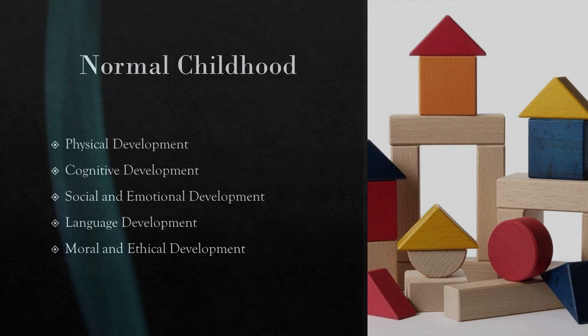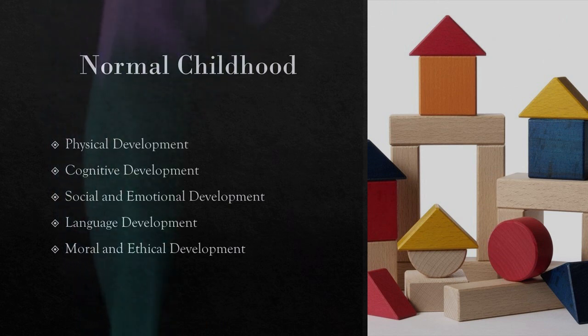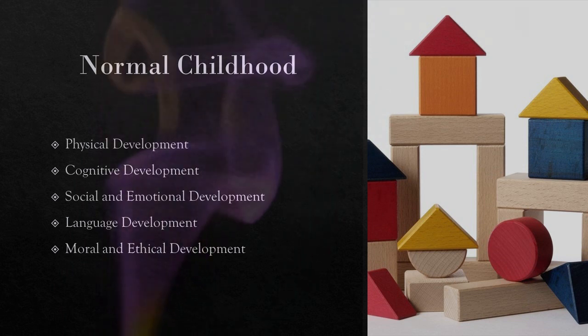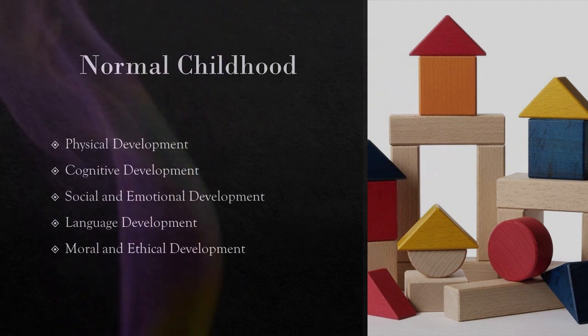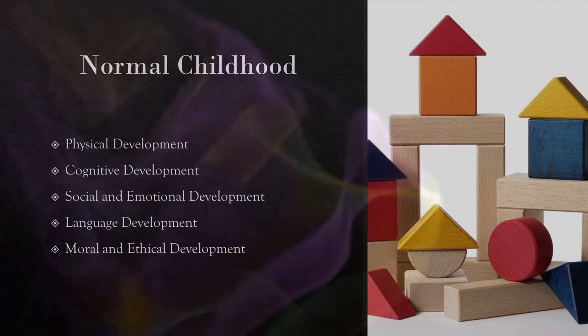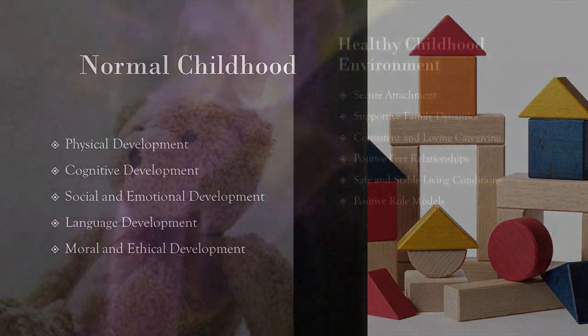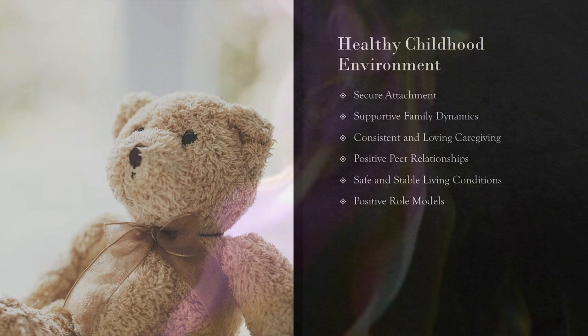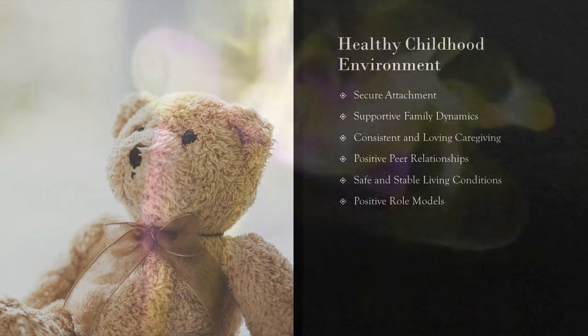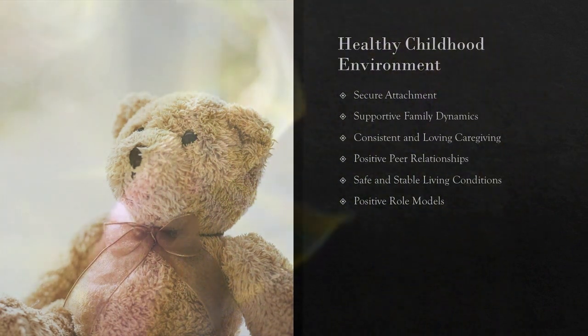Now, the environment in which a child grows and develops plays a pivotal role in shaping their psychological well-being. A healthy and nurturing environment encompasses various elements that contribute to a child's optimal growth. And here are just a few things that we need to be mindful of. The first one is developing a sense of secure attachment.